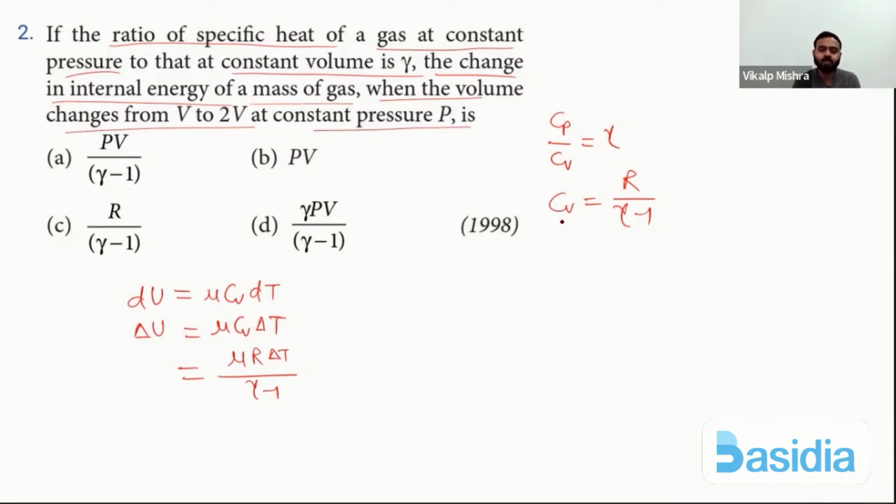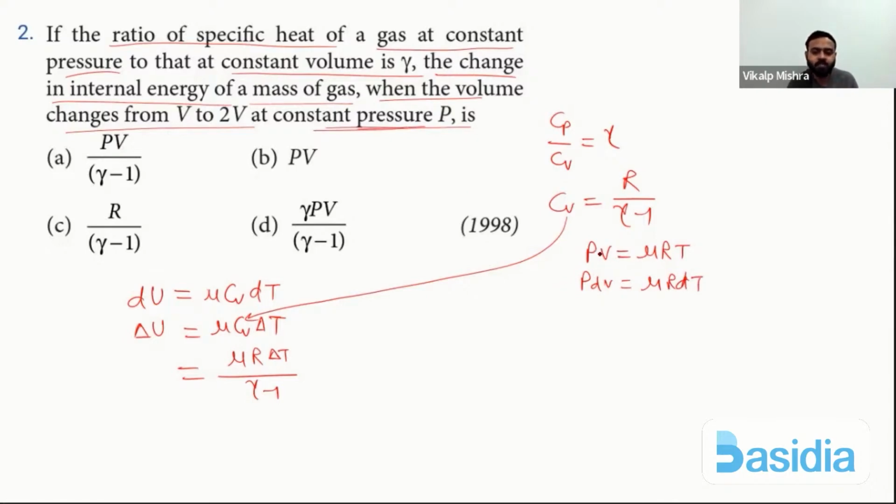This value of Cv we put here. Now we know PV equals mu RT. Differentiate both sides, so it will become PdV, and here it will become mu R dT. Constant pressure is given, so VdP becomes 0.